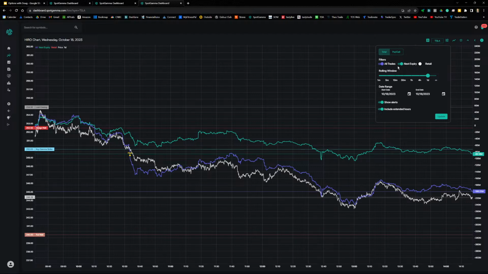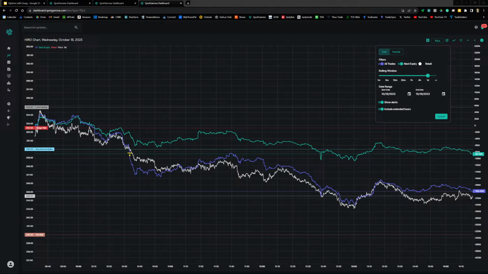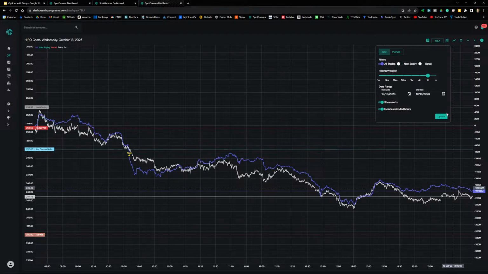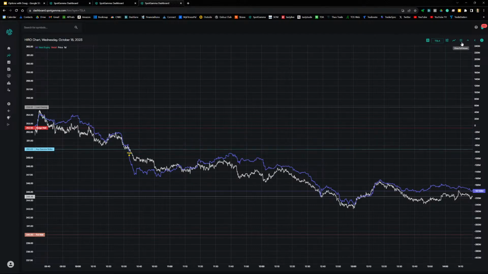So in the case of Tesla, next expiry would be Friday. All right, so it looks like the next expiry trade, shown by the green line here, is a little bit less than half of the total notional value today. So traders are trading short-term and longer-term options today. All right, that's Tesla.